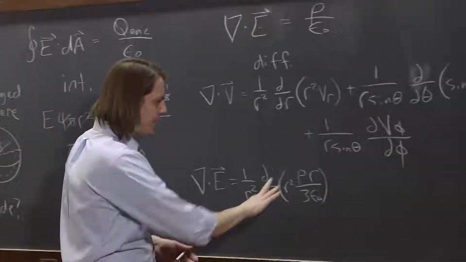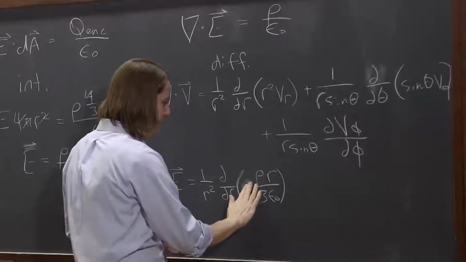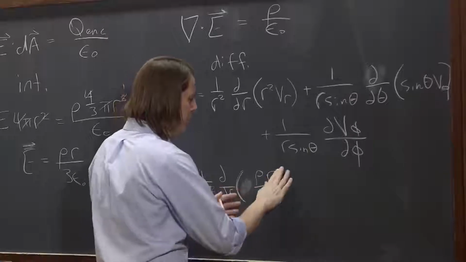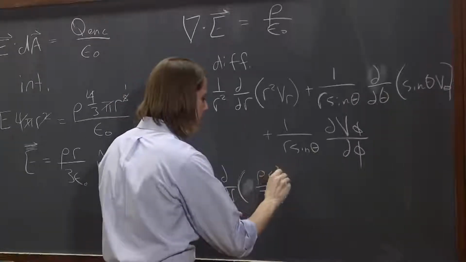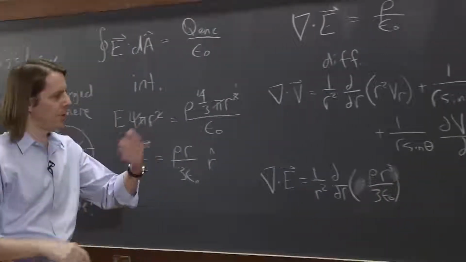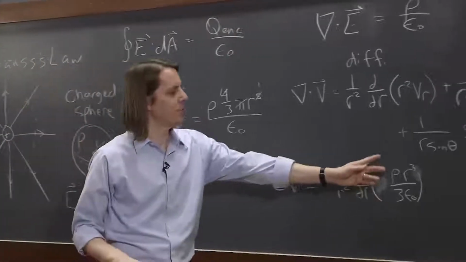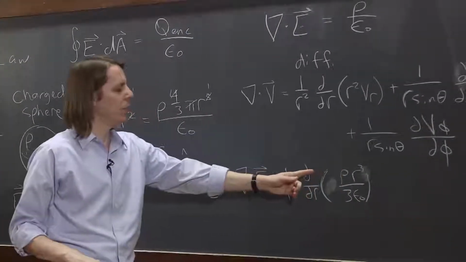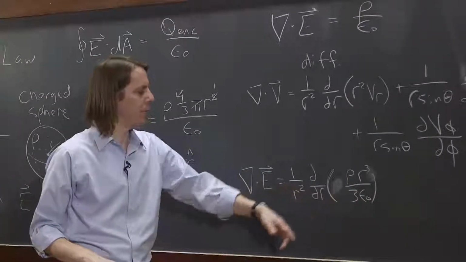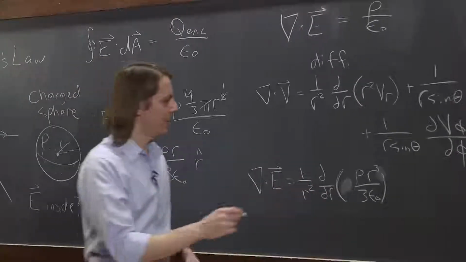Okay, I'm running out of board here, so I'll take some shortcuts. This becomes rho r cubed over 3 epsilon naught. I take the partial derivative with respect to r, that's 3 rho r squared over 3 epsilon naught, and then times the 1 over r squared.